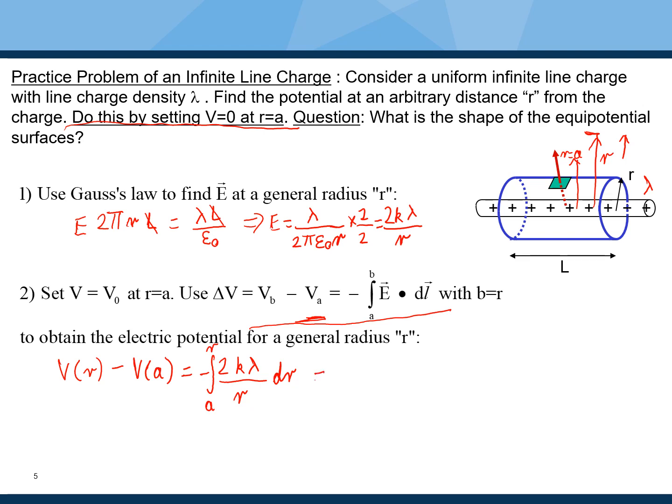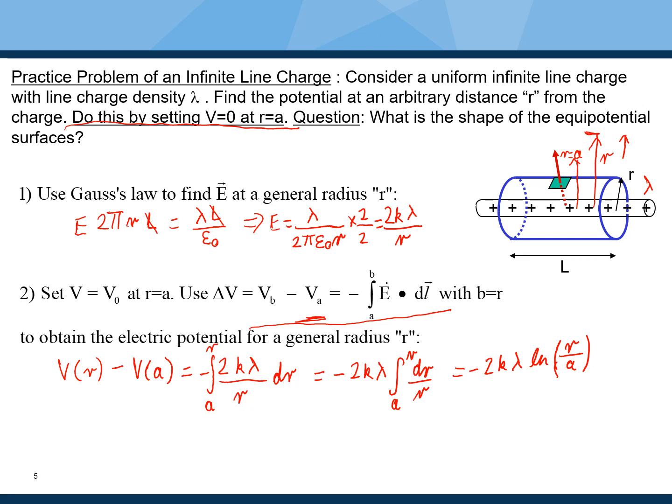Notice that we can write this as minus, and 2k and λ can be pulled out, and we integrate from a to r of dr over r, and dr over r is just the natural log of r, and so we can write this as minus 2kλ times the natural log of r over a. Okay?